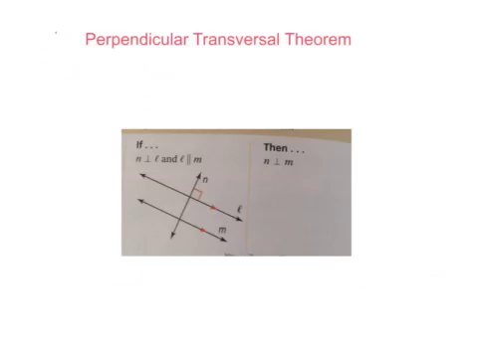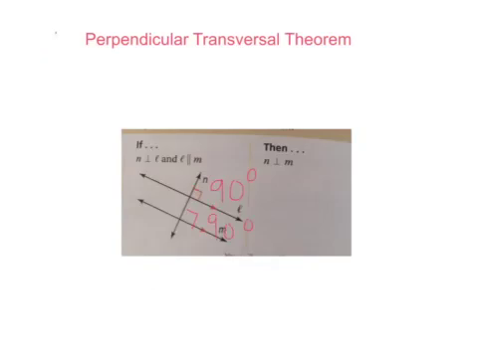The last theorem we're going to talk about is the perpendicular transversal theorem. In a plane, if a line is perpendicular to one of two parallel lines, then it is also perpendicular to the other. So if we have two parallel lines here, and our transversal is perpendicular to the first line, it must also be perpendicular to the second line.